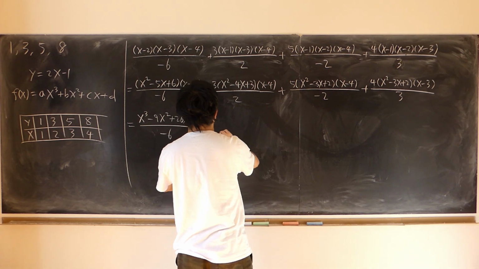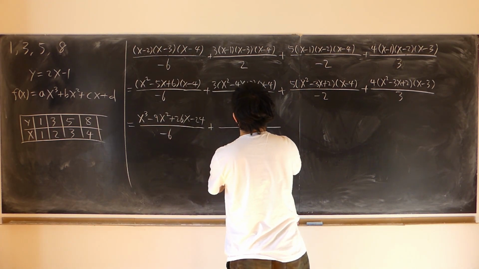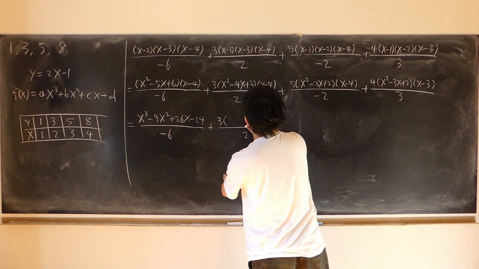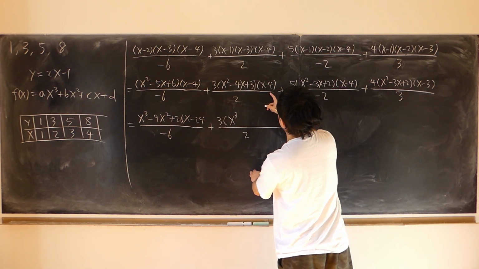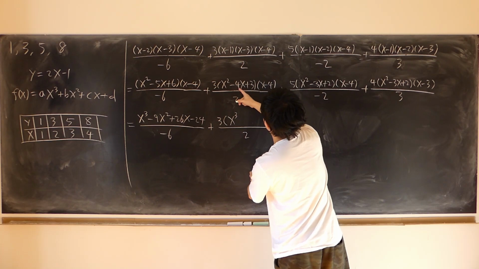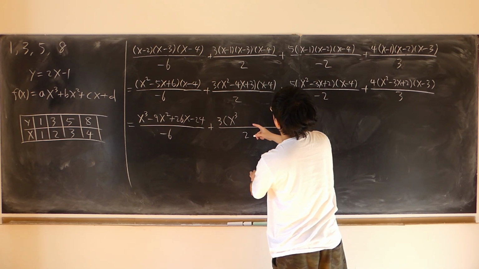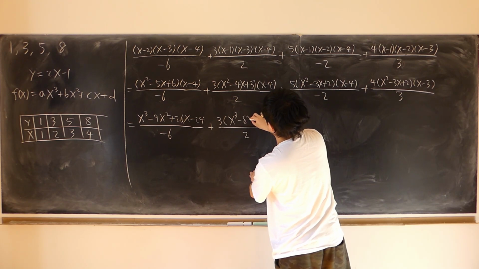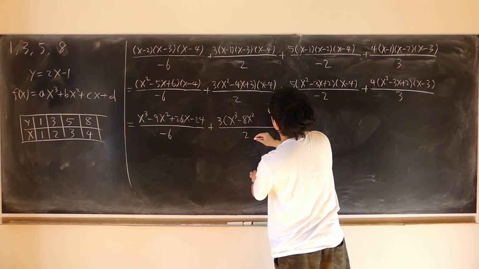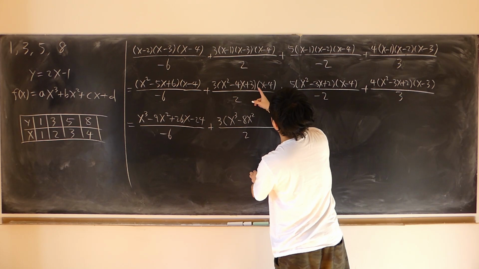Right? So likewise, here we have the cubic term. Square term is what? This times that, negative 4. This times that, negative 4, negative 8. X term, this times that, plus 3.